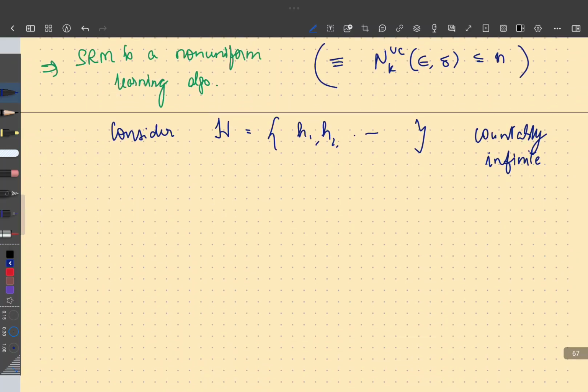Otherwise, there's nothing more to do. Now, I can view this also as a countable union of PAC learnable classes, because I can take each Hi to be one subclass. There's nothing stopping me from this. It's a trivial subclass, but still it's a PAC learnable class.